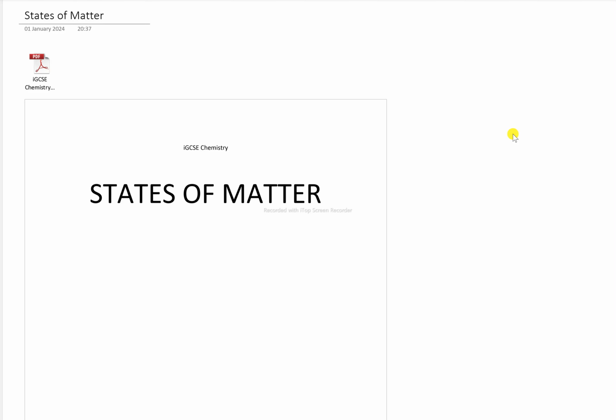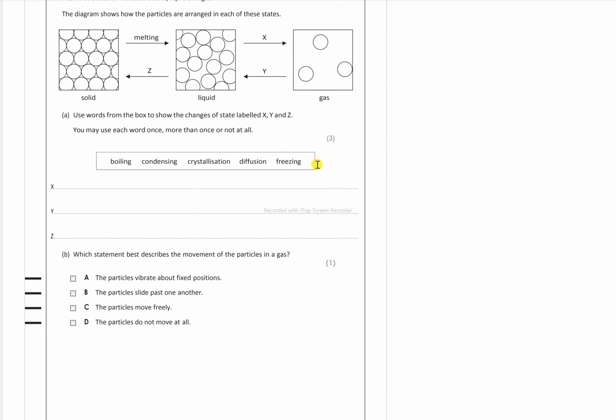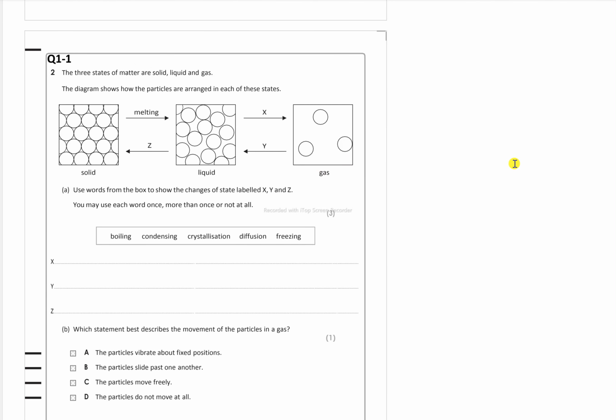Right, so we've got here the states of matter. So here you've got solid, liquid, gas. So if it goes from solid to liquid in this direction, it's called melting.